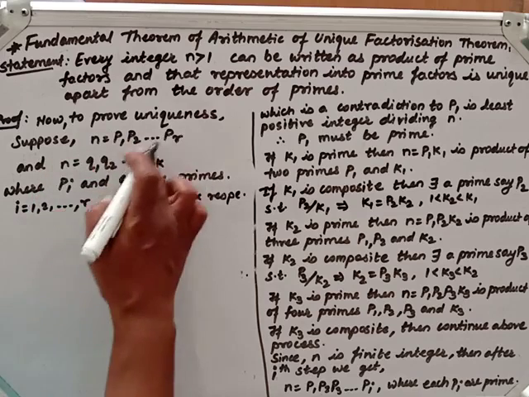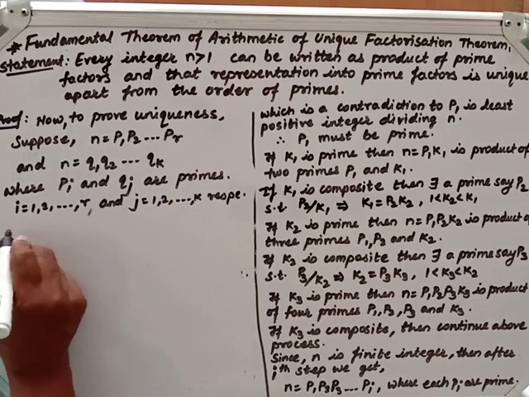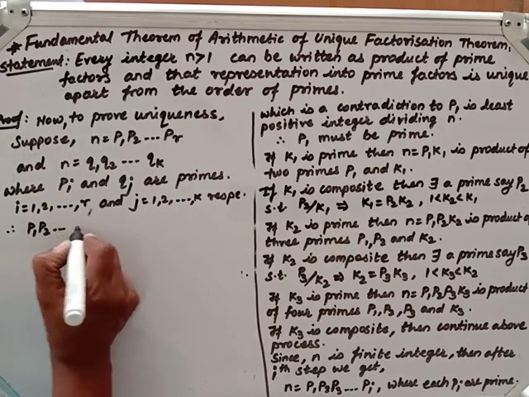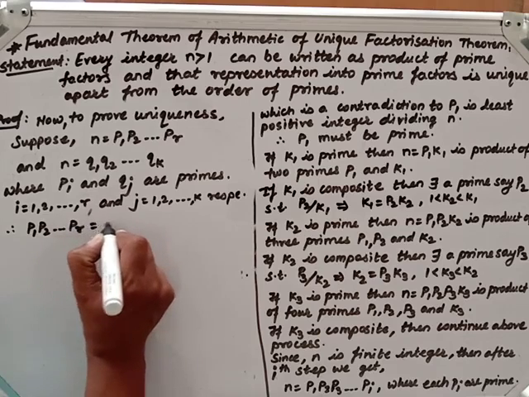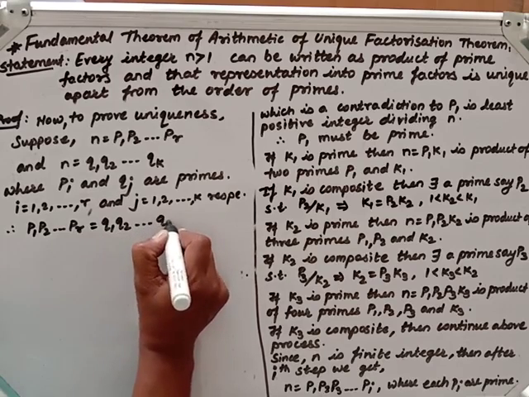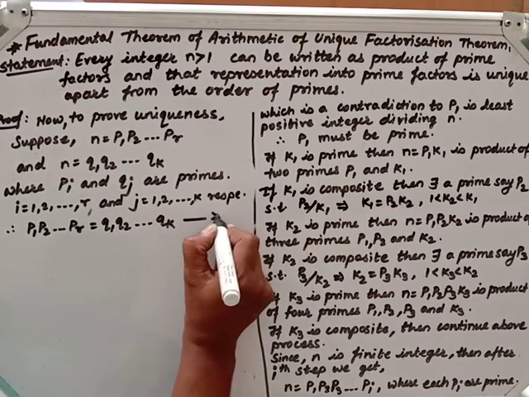So their right hand sides should be the same. Therefore we get p1, p2 and so on up to pr is equal to q1, q2 and so on up to qk. Call it equation star.